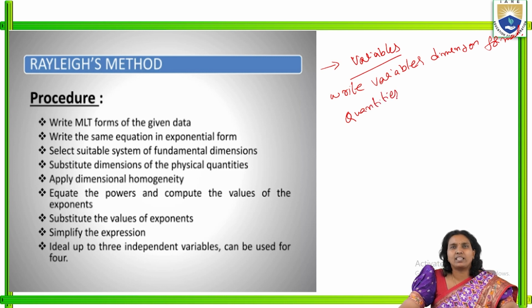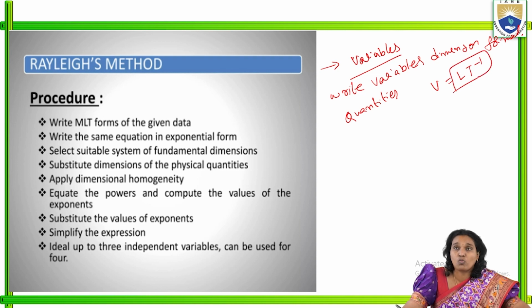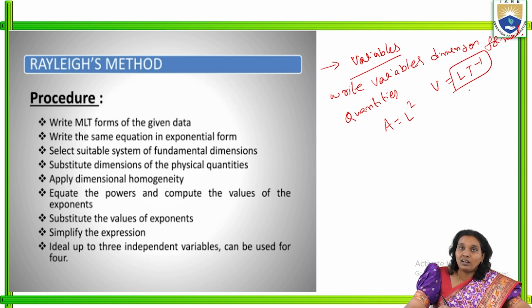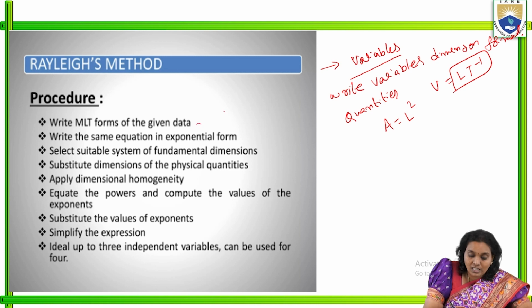For example, for velocity, L t to the power of minus 1 is the dimensional quantity. For area, L square is the dimensional quantity. Like that, we write the dimensional quantity of each variable. That is the first step.